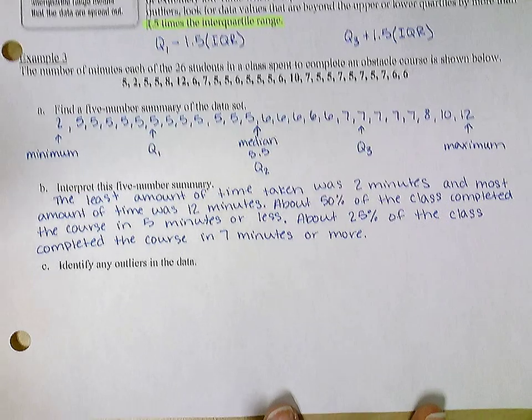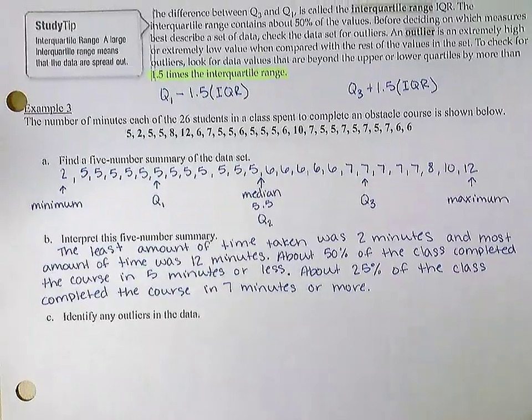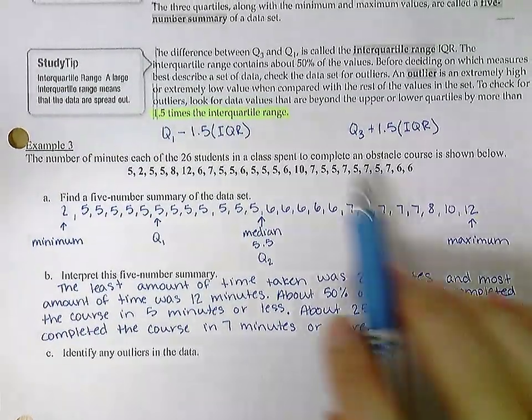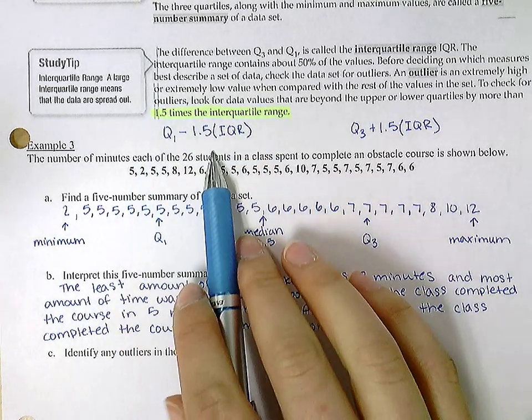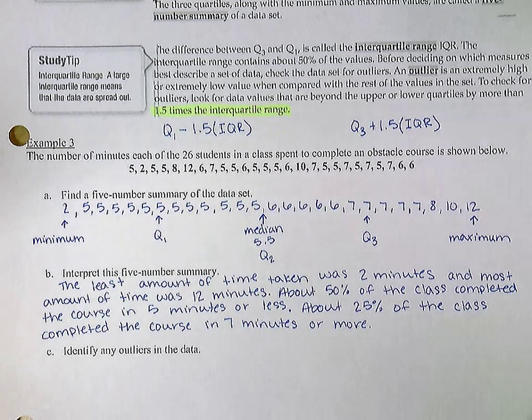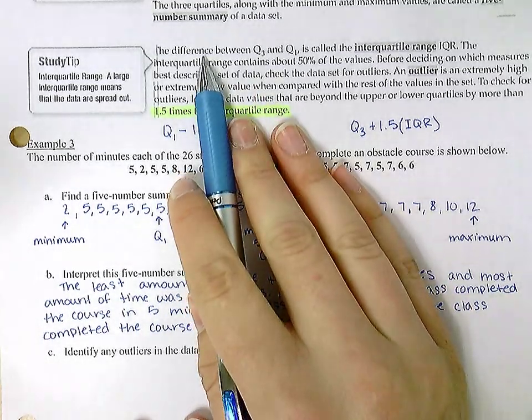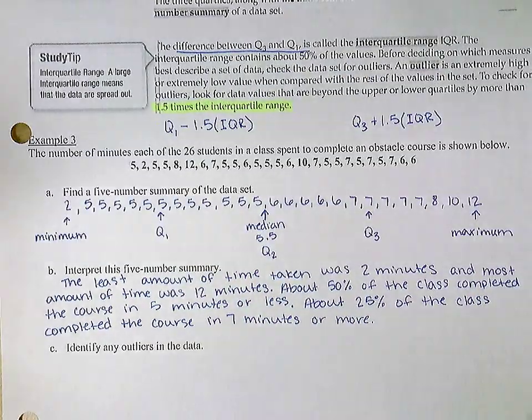The next part I want to do with this data set is to identify any outliers. So to do that, I'm using the interquartile range and this 1.5 in each of my quartiles. To find your interquartile range, you need to find the difference between quartile 3 and quartile 1.